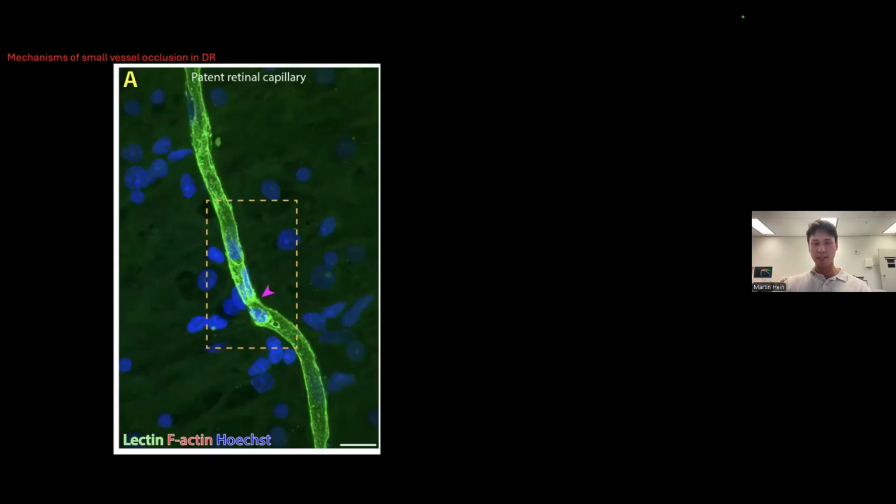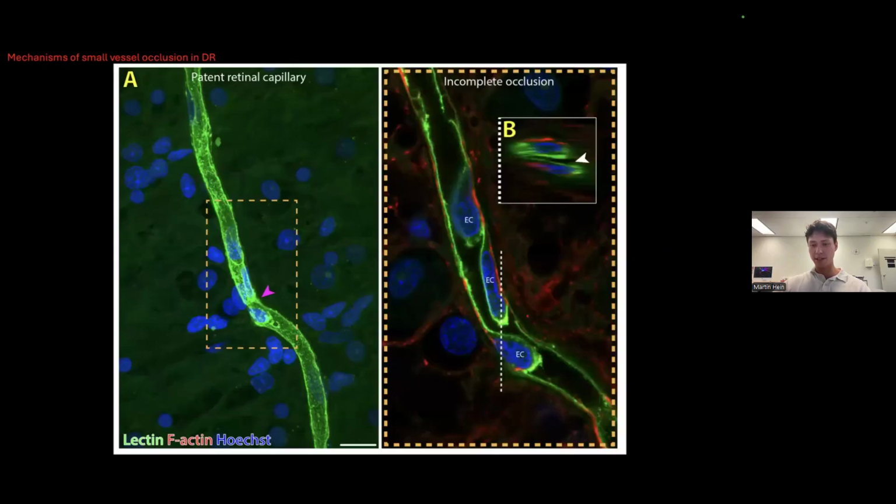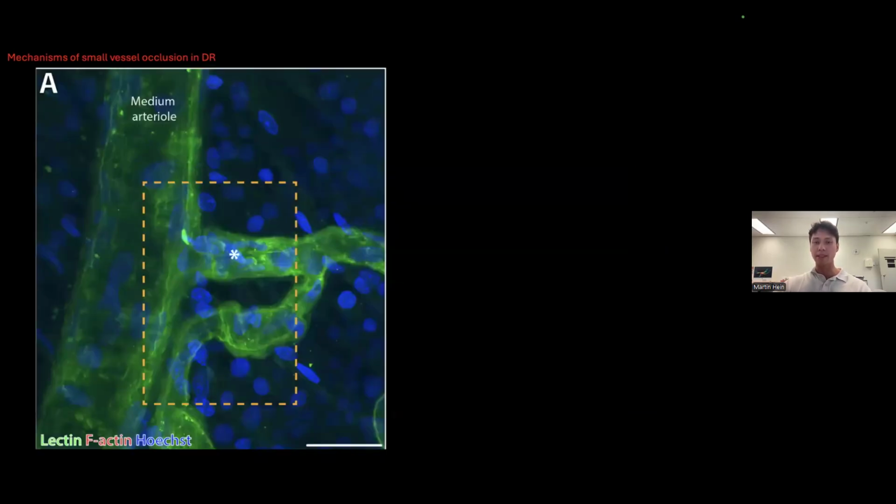But when you cut it in half almost, you can see that there's a really thickened section of endothelial cells, which are nearly completely occluding the capillary. And eventually the hypothesis is that these endothelial cells thicken up so much to the point that they cause a complete occlusion and contribute to the ischemic picture that we see macroscopically.